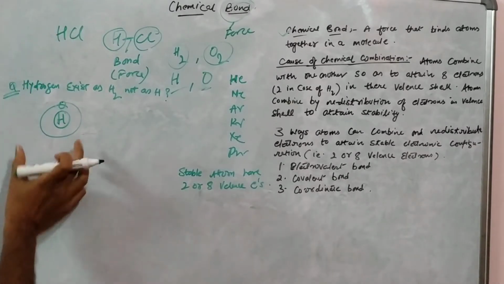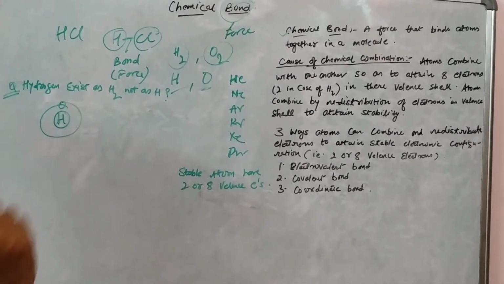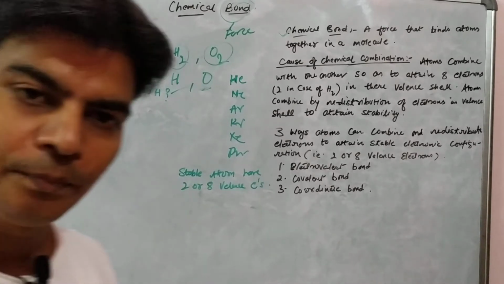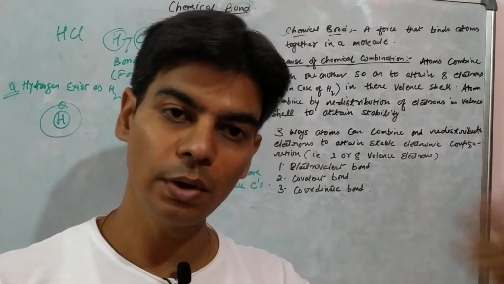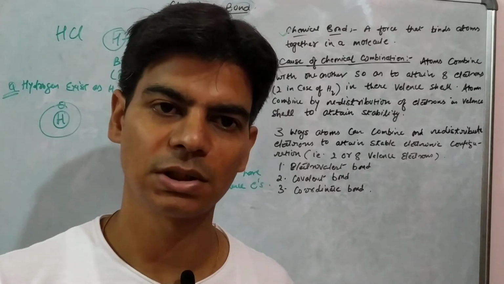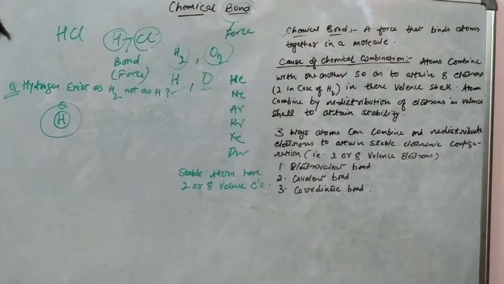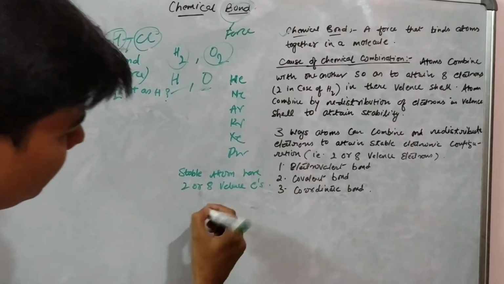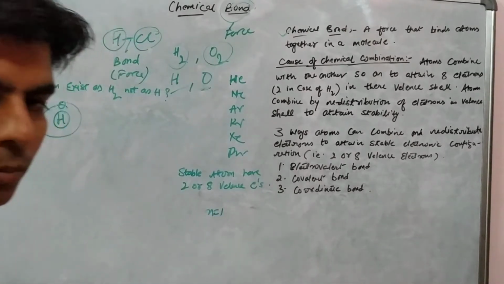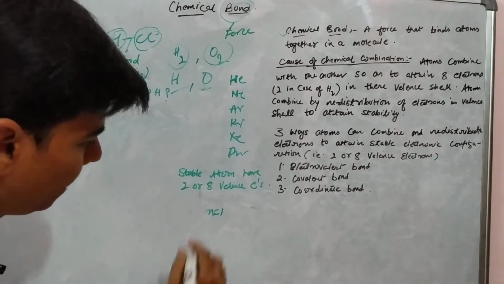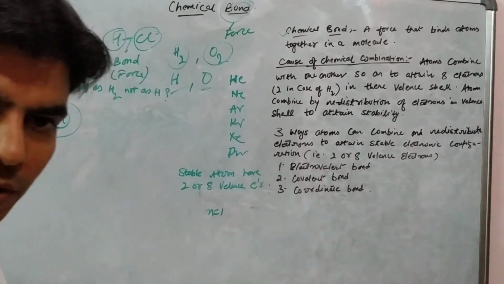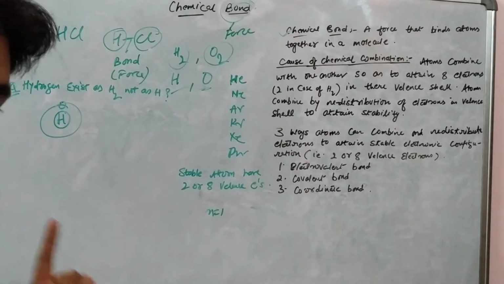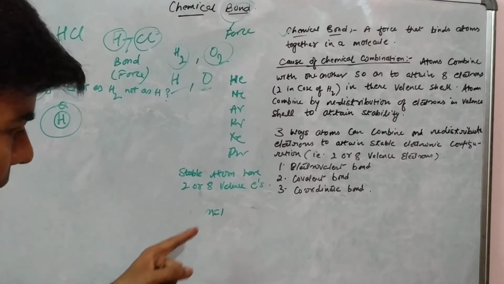Now this hydrogen atom, since it has 1 electron in its outermost shell, it will try to acquire 2 electrons in its outermost shell, because it has only one shell, n equals 1. From the chapter on atomic structure, the first shell is also known as the K shell.